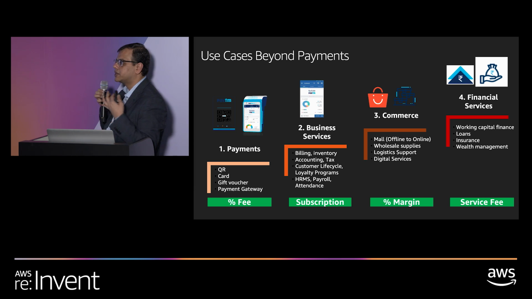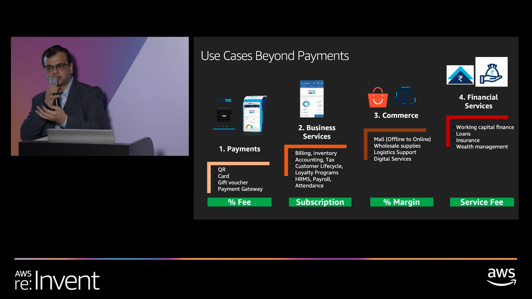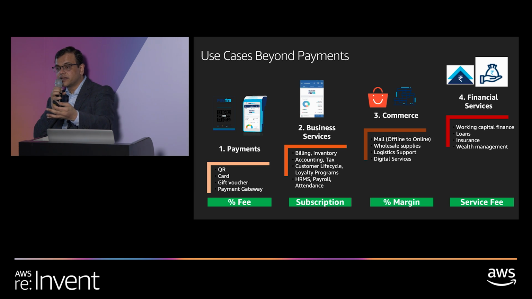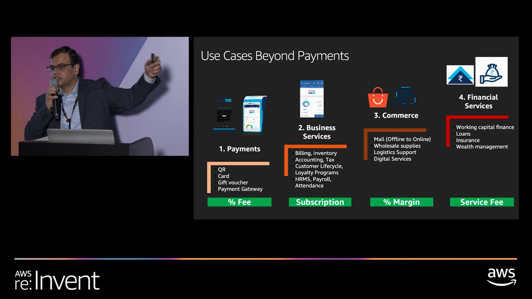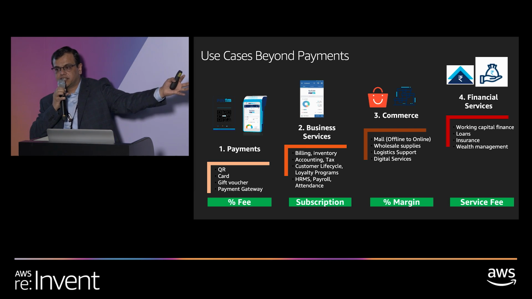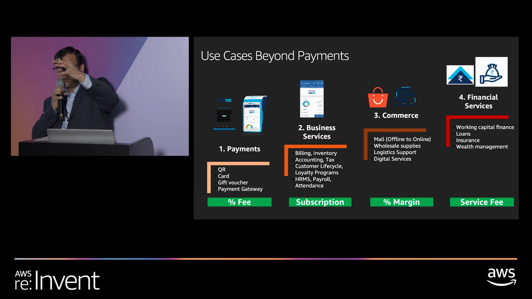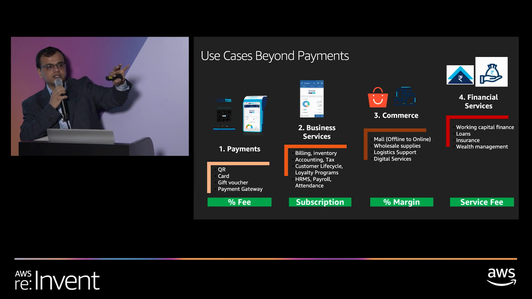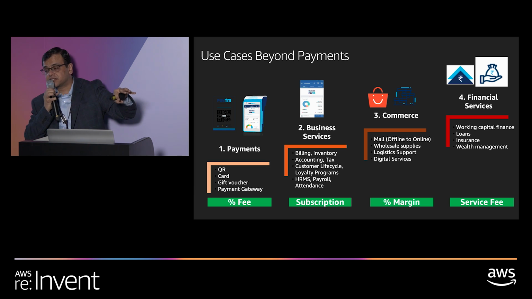As an example, they can do their GST calculation, like tax calculation, using our software. We will give them wholesale. So basically, we have connection with a lot of wholesale buyers and a network of 14 million merchants. So these guys can buy from the wholesale network and sell on their stores. We give them customer lifecycle.